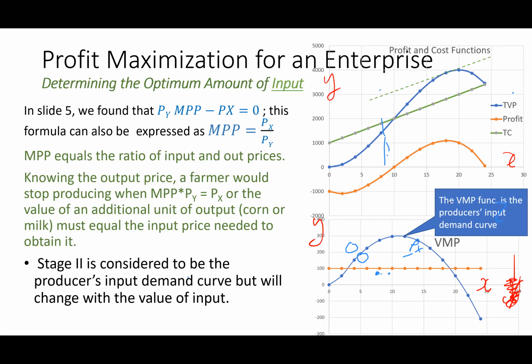And so what we are saying here is that the value marginal product is the producer's demand curve for input. What does that mean?